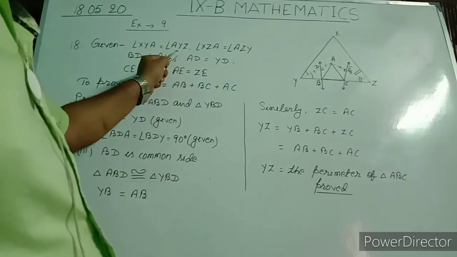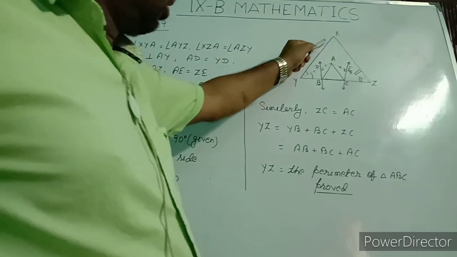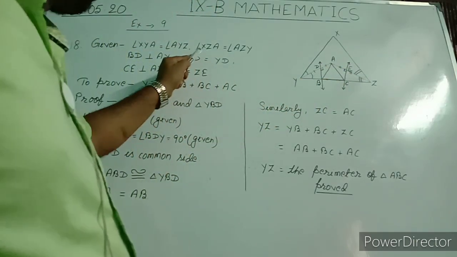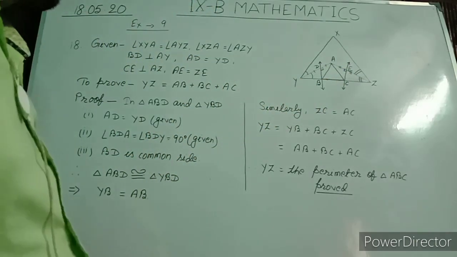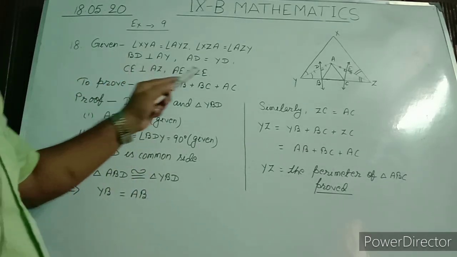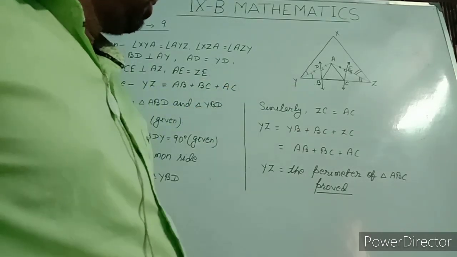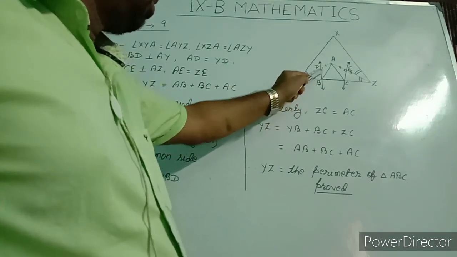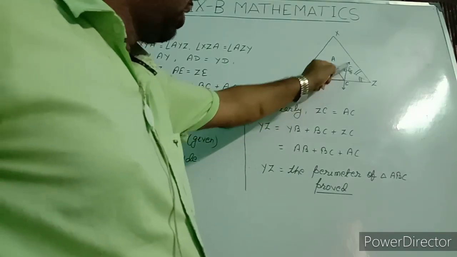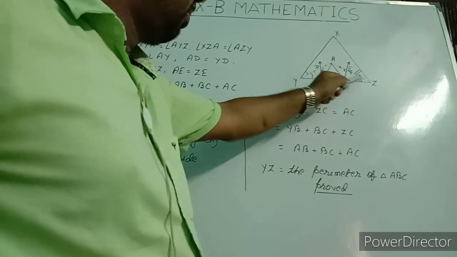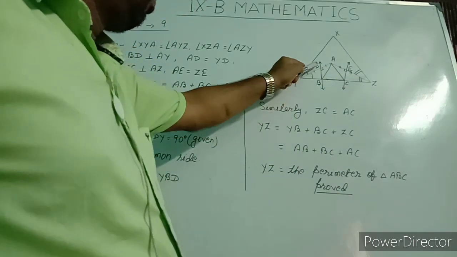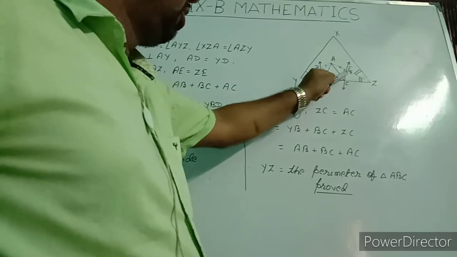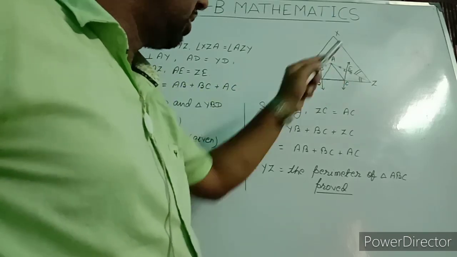Similarly, XZA equal to angle AZY, and BD, this line is the perpendicular bisector of AY, and this line is perpendicular bisector of AZ. So I wrote here BD is perpendicular bisector of AY and CE is perpendicular bisector of AZ.